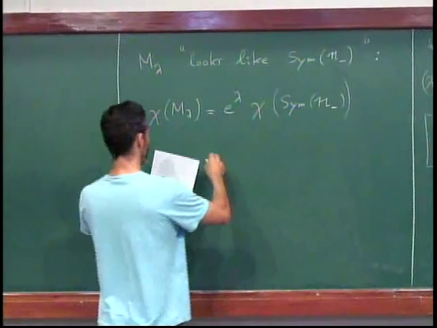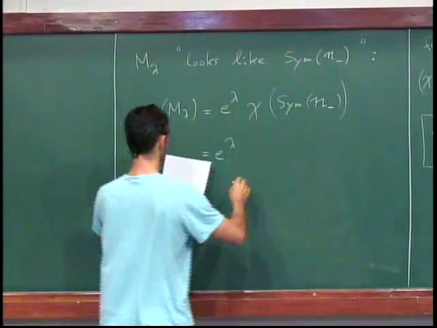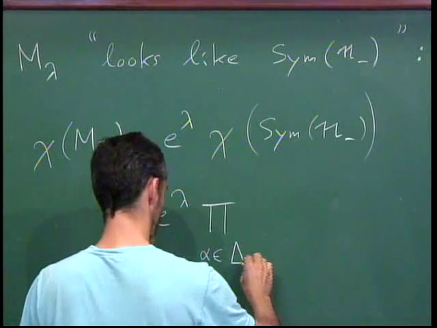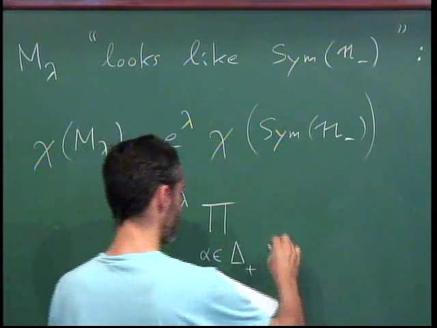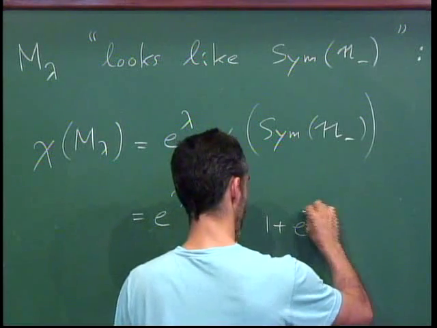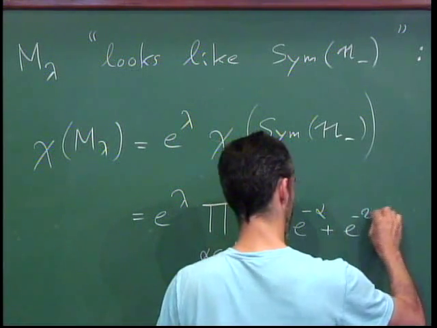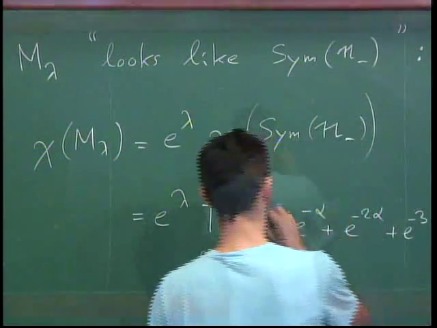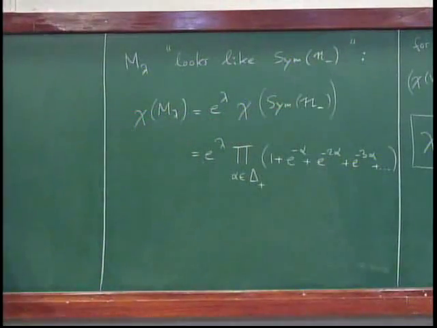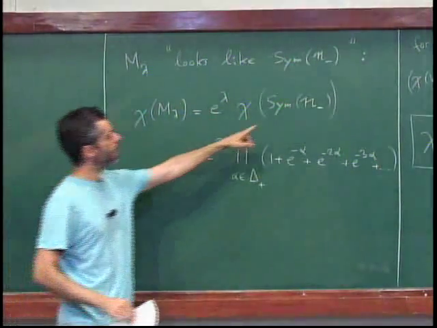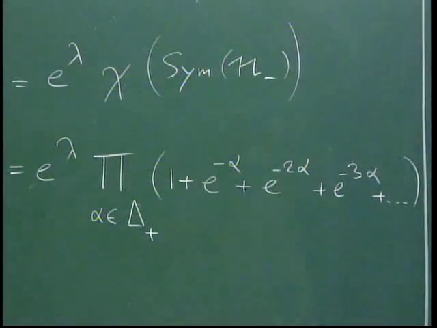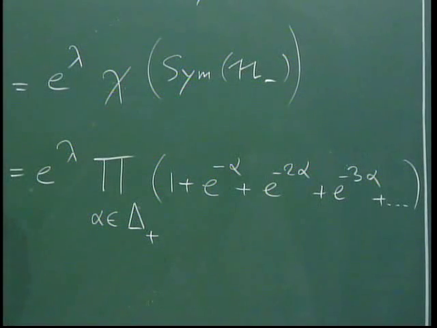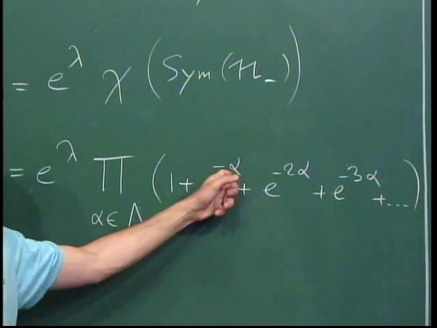And what you end up with is that it's a product of things like that. Each basis element of n minus will have weight minus alpha for a given positive root alpha. Well, it's the negative roots that are relevant, but I index things by the positive roots and then I put a minus.